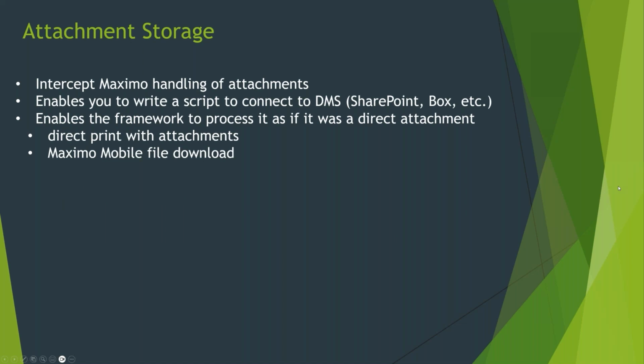Another concept that we've heard a decent amount is the ability to have additional sources for attachments. Maximo has supported attachments forever. They've typically been file or URL based. The advantage to file is we have a lot of great functionality inside of Maximo, whether that be doing direct print with attachments for a report, or being able to download them automatically for offline use with mobile products like Maximo Mobile.